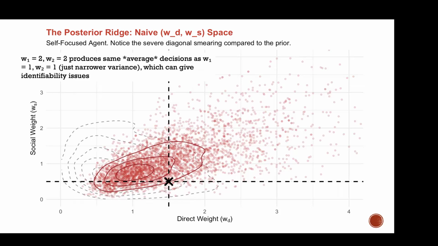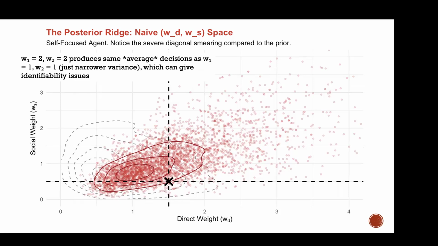I think I'm a bit confused about, you say that some part of this space is easy or requires different steps to explore. But at least what I'm getting is that, if you have a social weight of 3 and a direct weight of 3, how would you distinguish that from 1 and 1, 2 and 2, 10 and 10, something like that?